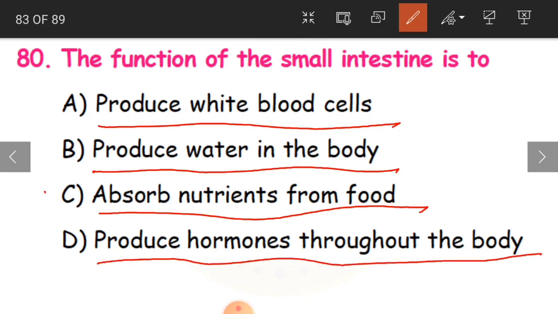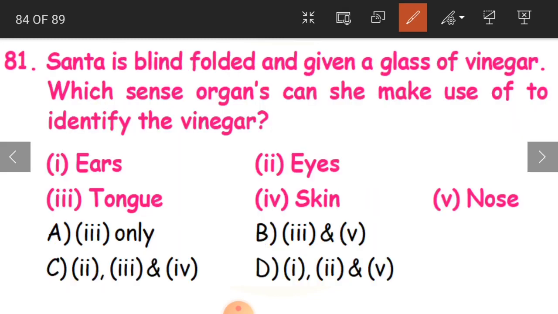The answer is absorb nutrients from food. We have already learnt that the small intestine absorbs all the minerals, vitamins, proteins and carbohydrates, all these nutrients from food, children.